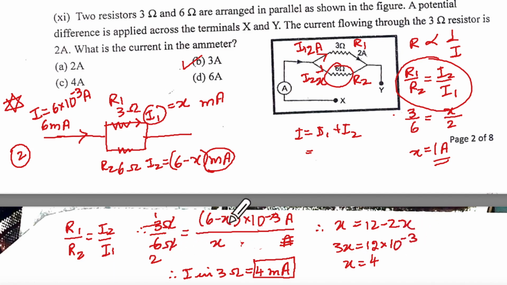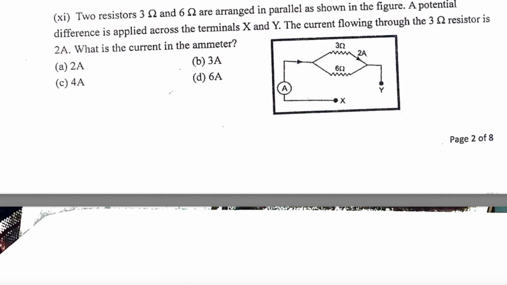Correct or no? And 6 minus x into this thing, and then that will give you 4 into 10 to the power minus 3. That will be 4 milliampere.